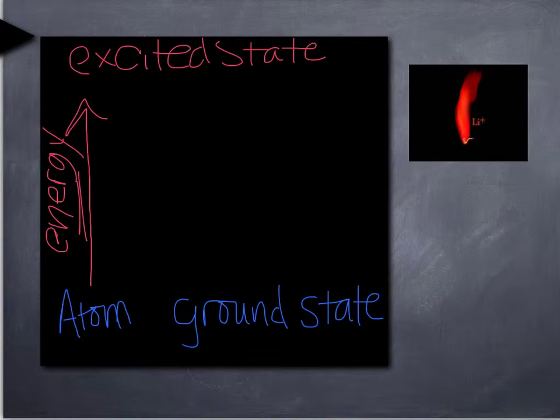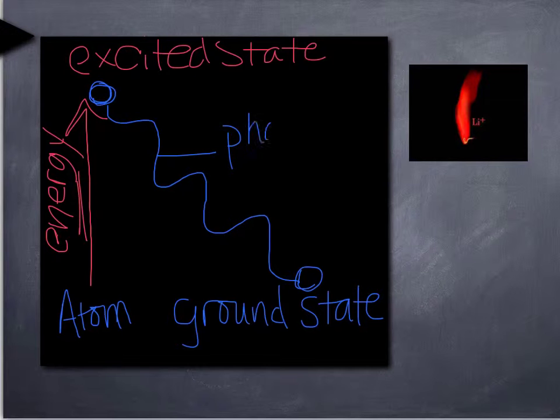Once it gets to its excited state, we have this little atom up here, and as it comes back down to the ground state, unless you continue to add energy, it will come back down to its ground state. The wavelength that it comes back down on is then going to emit that photon, that particle, and whatever that wavelength is depends on the color.